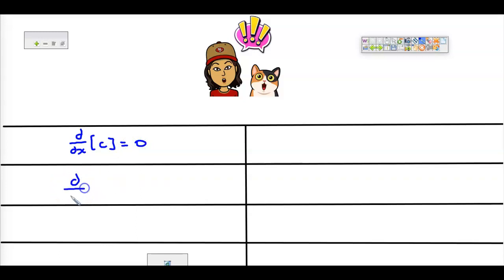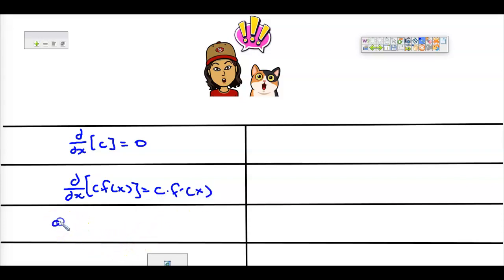The derivative with respect to x of a constant times f of x was going to equal c times f prime of x.